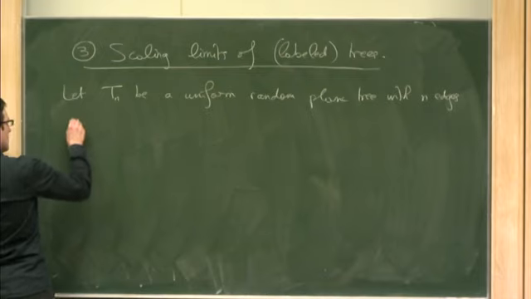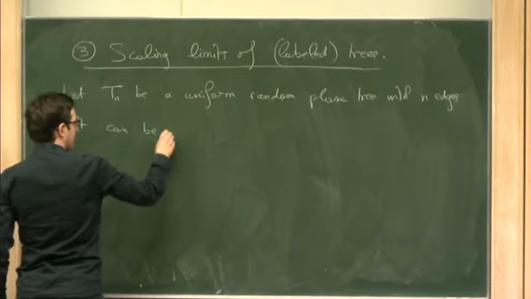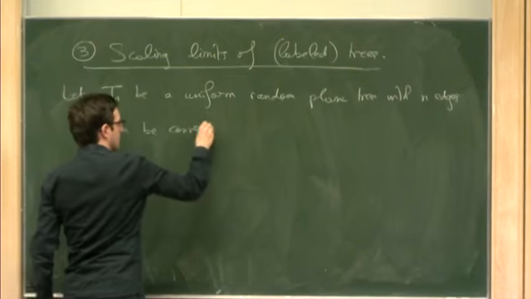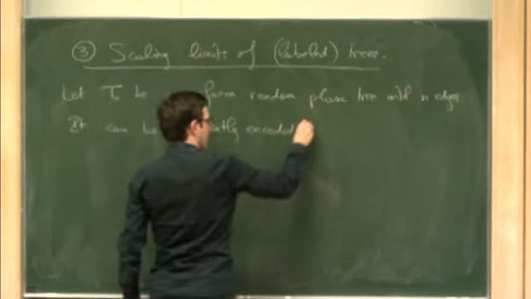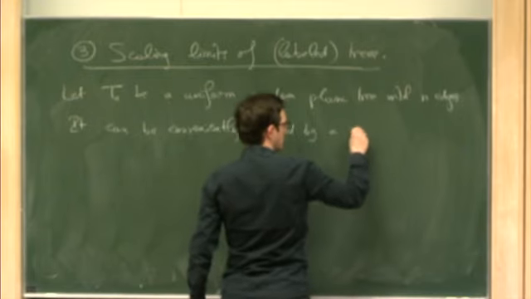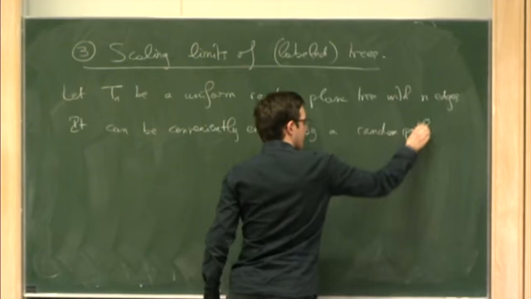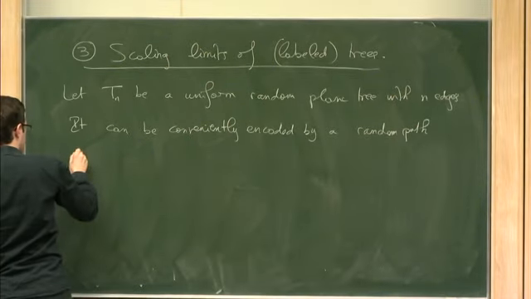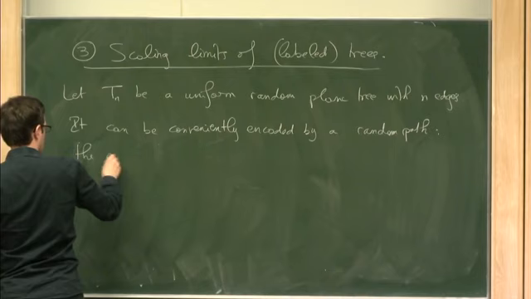So in fact, it can be conveniently encoded by a random path called the contour function.